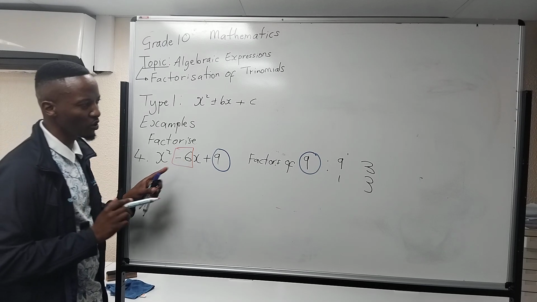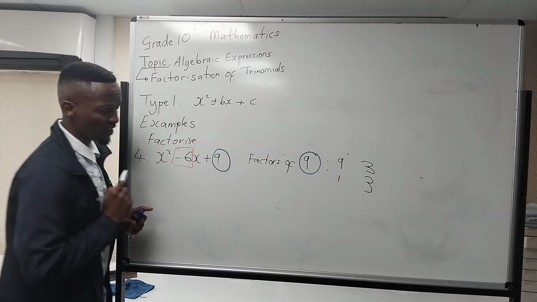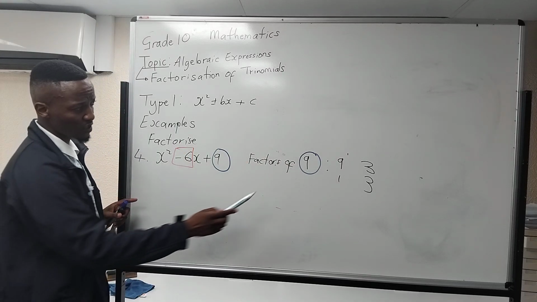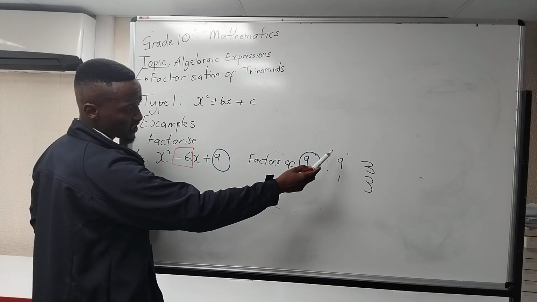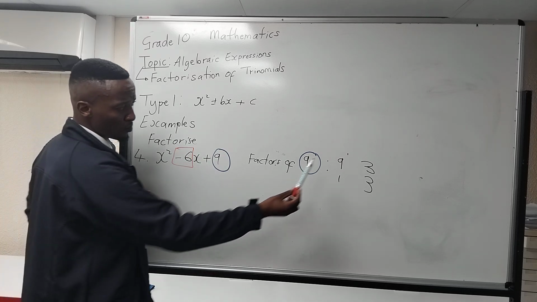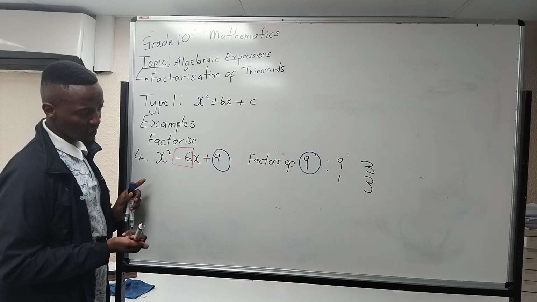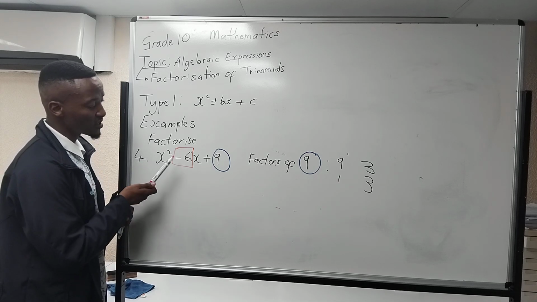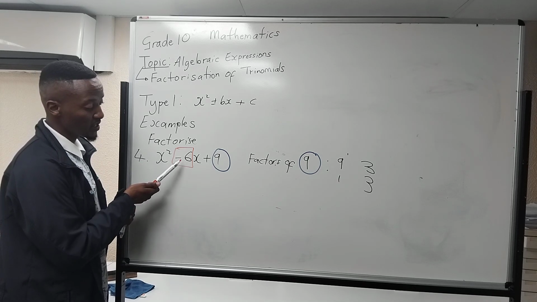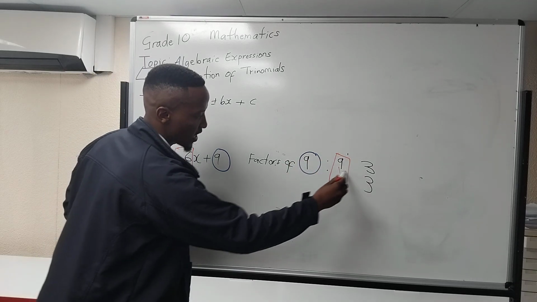If we say positive 9 and positive 1, we will get positive 10. When we say -9, -1, we will get -10. If we say positive 9 minus 1, we will get positive 8. So this does not assist us to get the middle term.